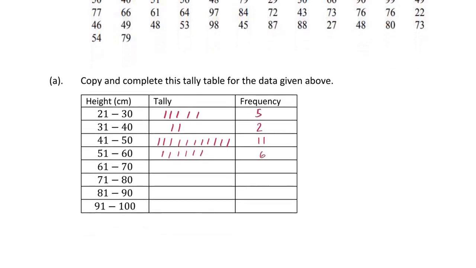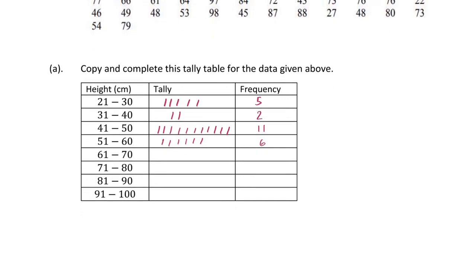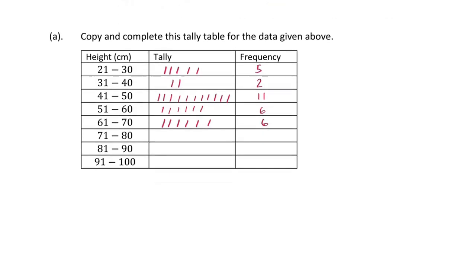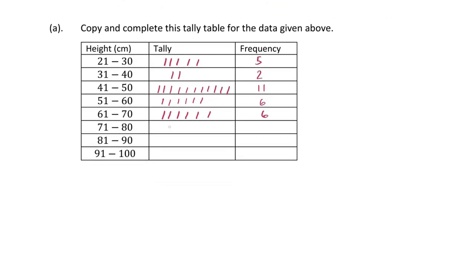The next class is 61 to 70. The tallies are 1, 2, 3, 4, 5, 6, and the frequency is 6. The next class is 71 to 80. The tallies are 1, 2, 3, 4, 5, 6, 7, 8, 9, 10, and the frequency is 10.